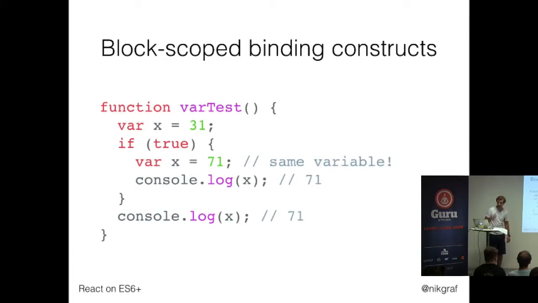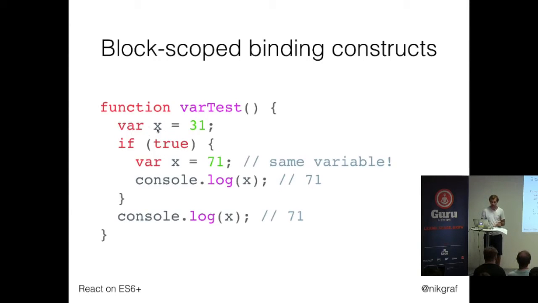But yeah, let's get to the point. Why is this necessary, or why is this a really good thing? As you know, variable assignment with var in JavaScript is not block scoped.